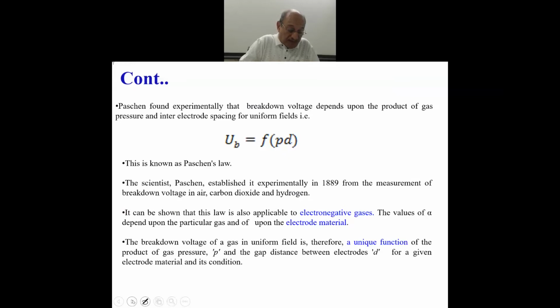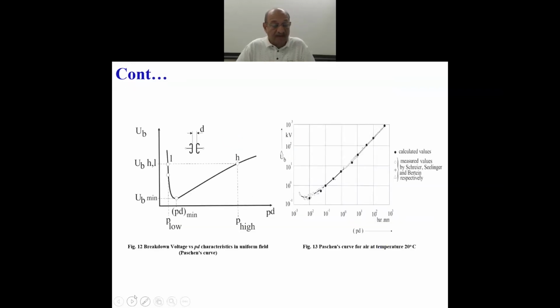As we go to the next slide, on the left side of the figure is a schematic drawn, taking breakdown voltage as a function of PD, the multiplication of pressure and the gap distance, for a uniform field electrode system. These are very typical breakdown characteristics measured.